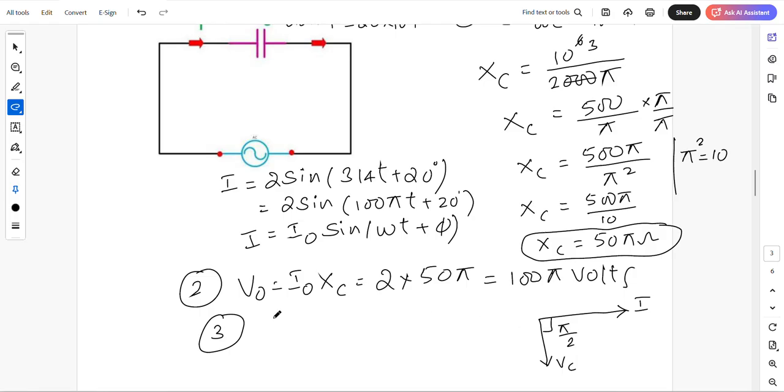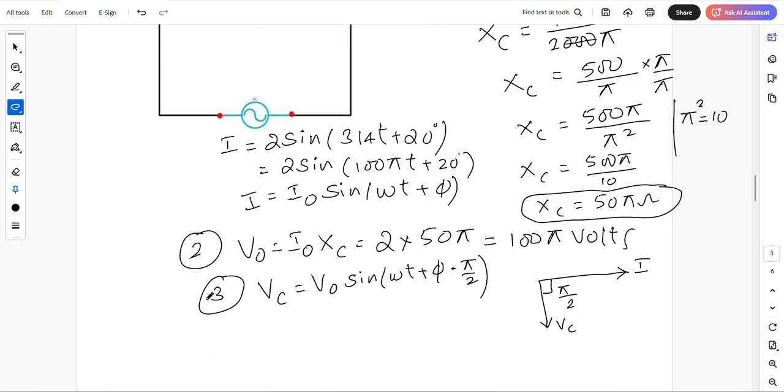Now Vc I can write as Vc is equal to V naught sine of omega t plus phi, whatever. Current is leading and voltage is lagging, therefore minus pi by 2 I can write here.